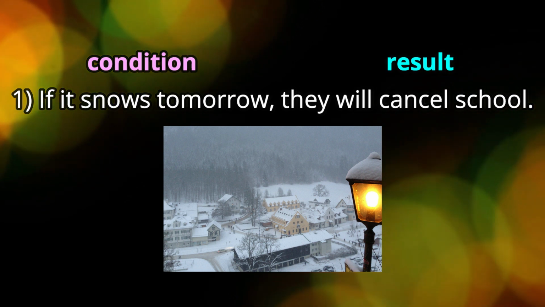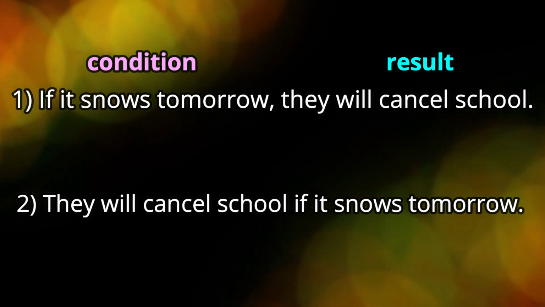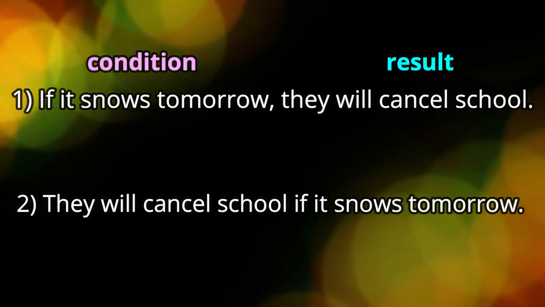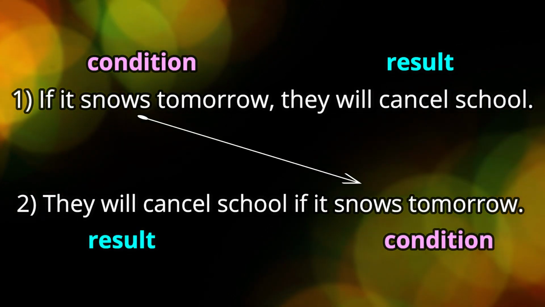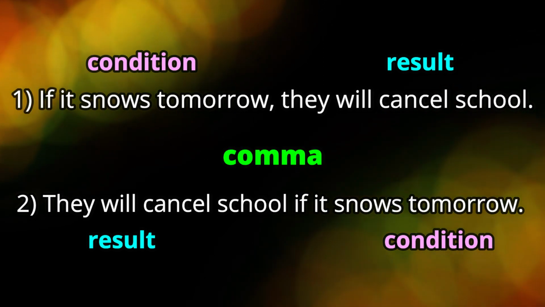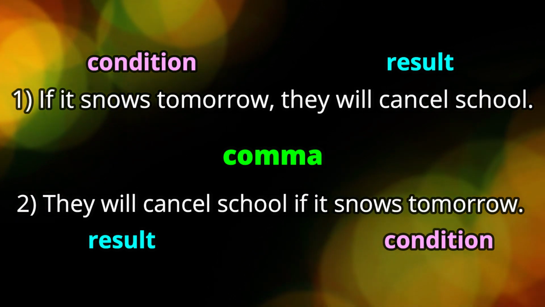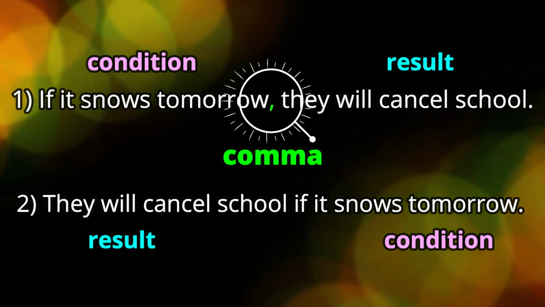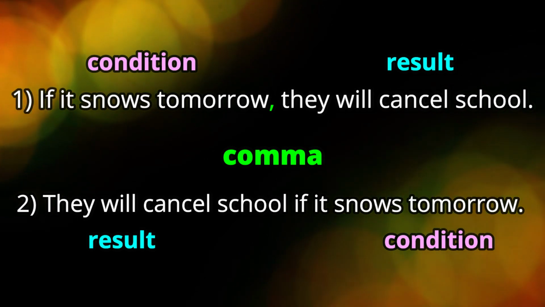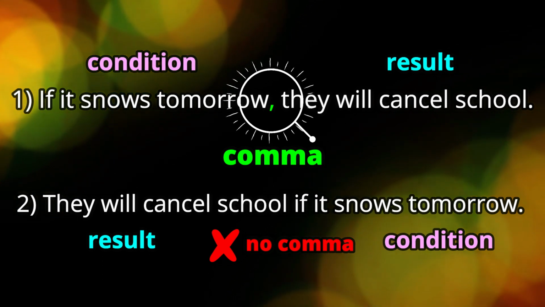And in the next example, number two, they will cancel school if it snows tomorrow. They both mean the same exact thing. So we can change the order. The only thing is the comma. In example number one, the comma comes after the if clause. But you can see in example number two, there's no comma. That's the only thing you have to watch out for.